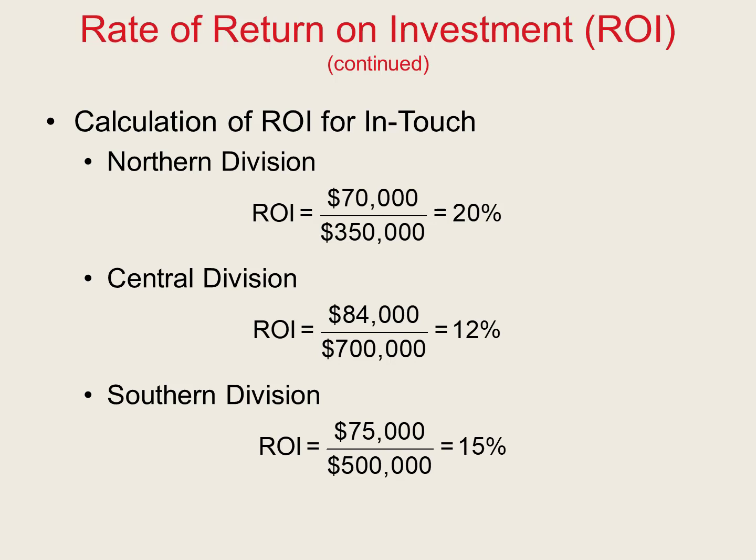The reason the Northern Division has a much higher return on investment relates to the fact that the contributed capital is $350,000, which is half of the amount that was contributed to the Central Division. Once we consider the performance of each division from the perspective of the contributed capital, we get a much better sense of which of these divisions is doing better.